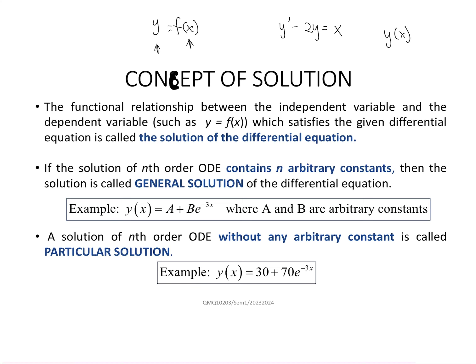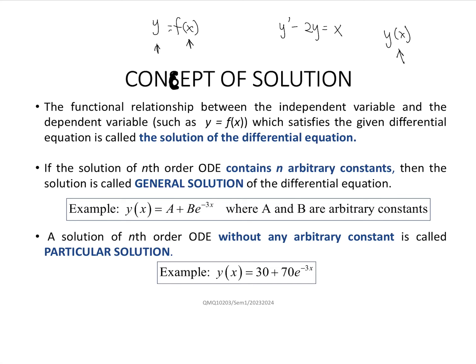So in order for this function yx to be the solution of this differential equation y prime minus 2y equal to x, hence if we can differentiate yx, so became y prime x, and then we substitute into this equation where yx we multiply with 2 and this is equal to x, and if this function yx satisfy the given differential equation, hence we can call that yx as solution of differential equation.